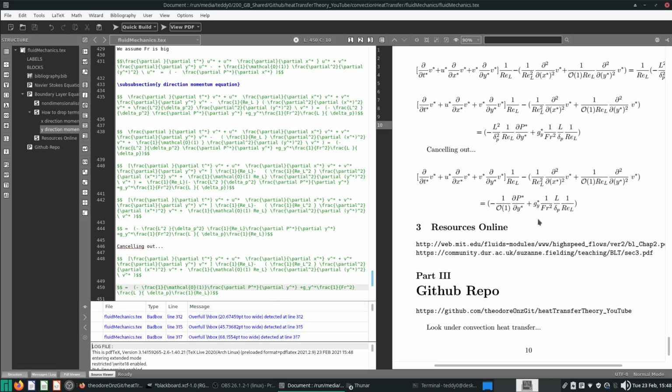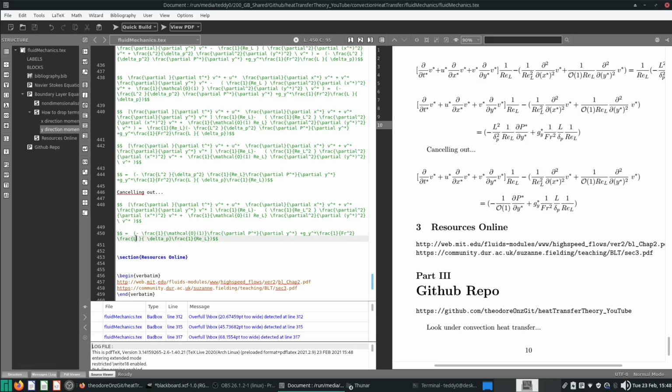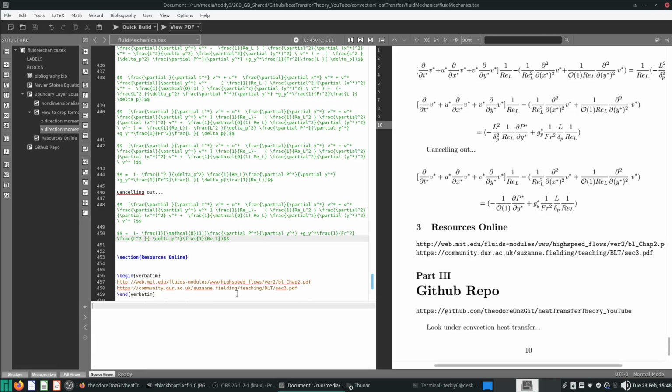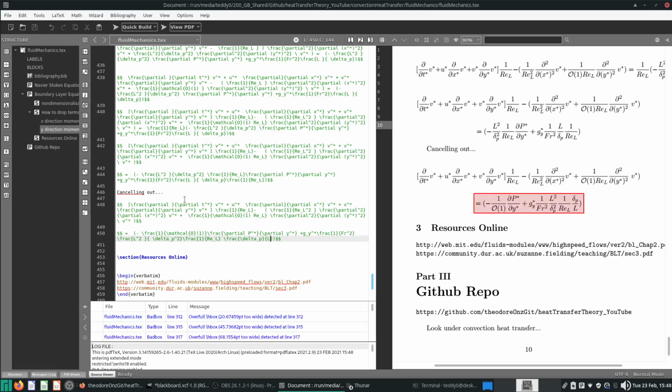We can actually get this trick done. I have L squared over delta P squared, and then we'll just multiply it out again by delta P over L. Now we see this thing over here will be order of magnitude 1.